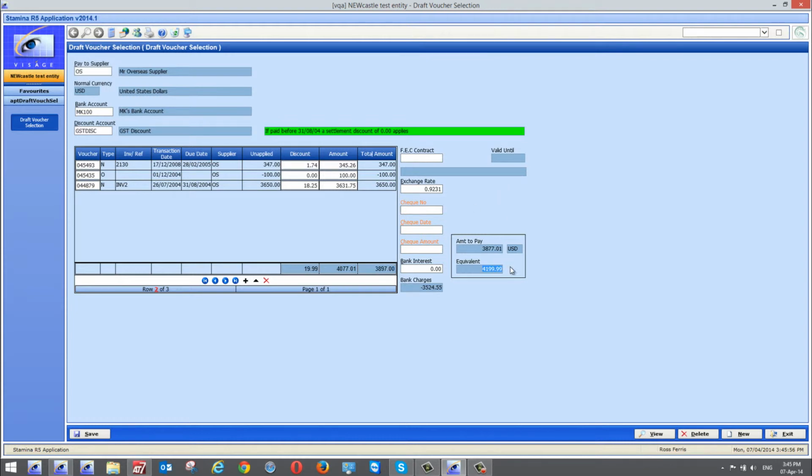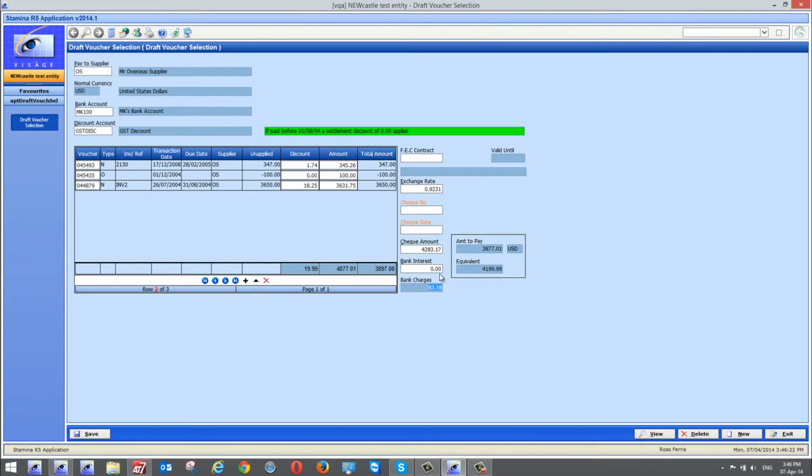The Australian equivalent, just based on the exchange rate here, would be $4,199.99. But of course, the bank will probably ask you to write a cheque closer to $4,283.17.